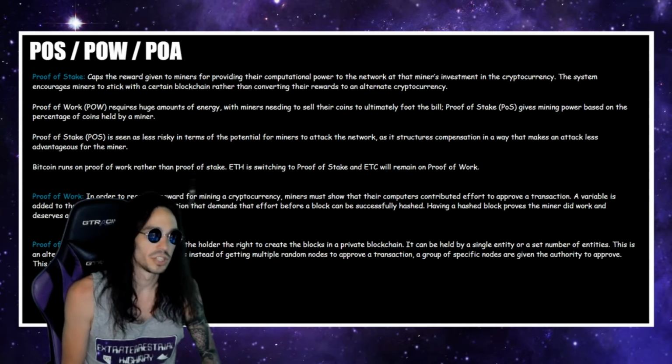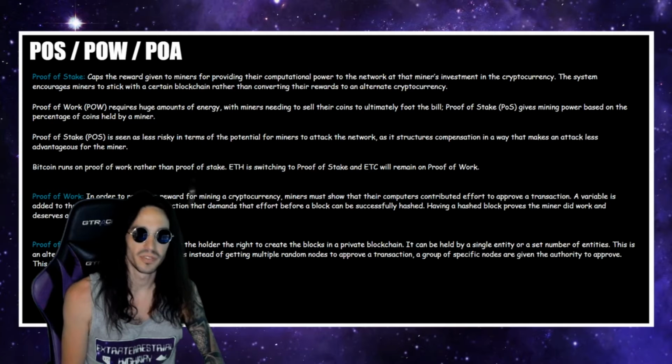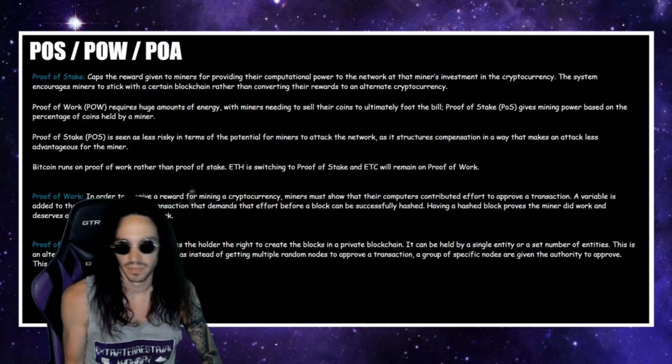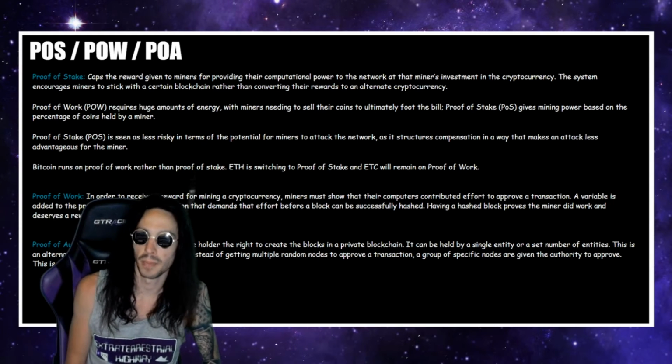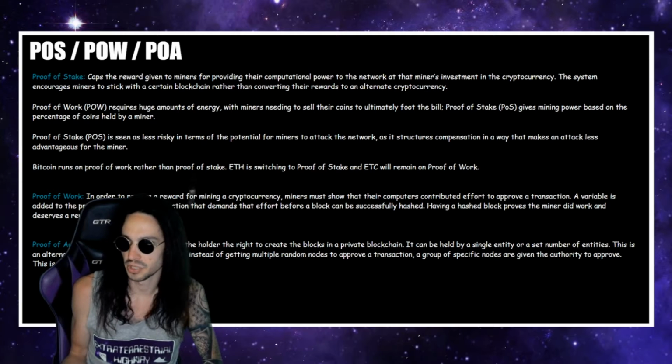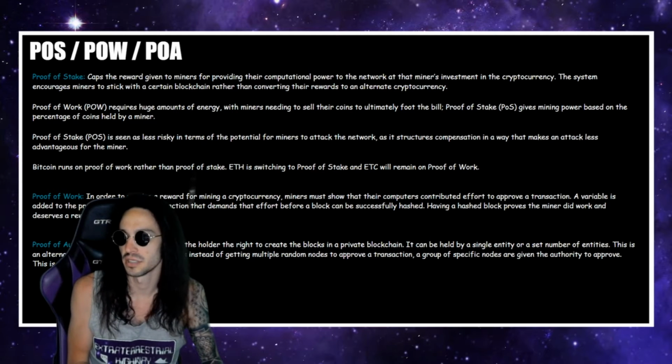So now we're going to jump into proof of work, proof of stake, and proof of authority. Proof of stake is essentially it caps the reward given to miners for providing their computational power to the network at the miner's investment in the cryptocurrency.